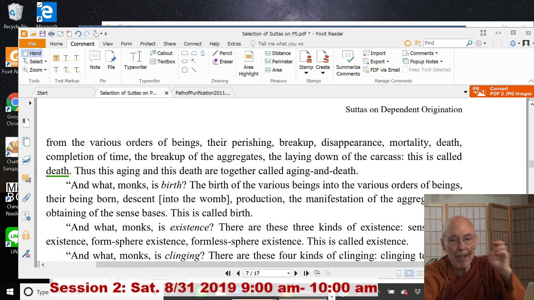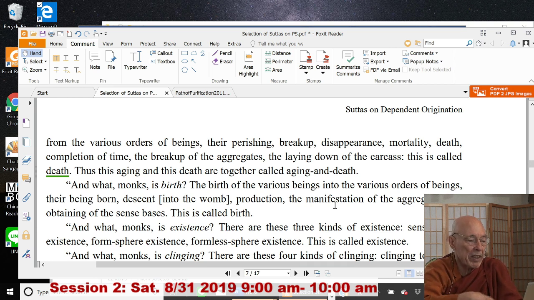Then we have two more technical definitions of birth. The manifestation of the aggregates, that is, at birth, it's the coming into being of the 5 aggregates that constitute the sentient being or the person. The aggregate of material form, feeling, perception, the sankharas or volitional formations, and consciousness.